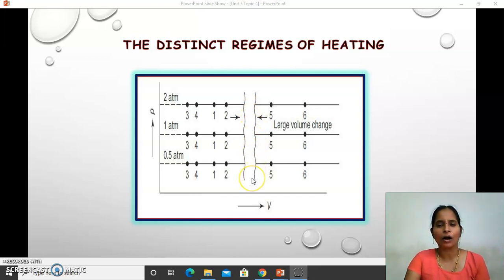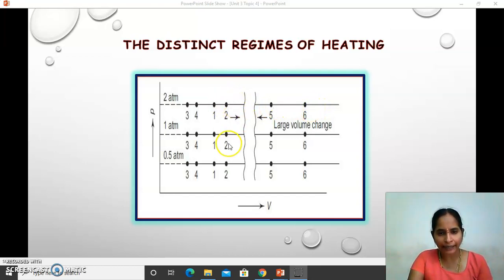When water is converted into water vapor at constant temperature and pressure, after it has been converted into vapor form, it will occupy a lot of space. It expands much more, so that volume change is shown here as a large volume change. And again 5 to 6 is superheating, okay?